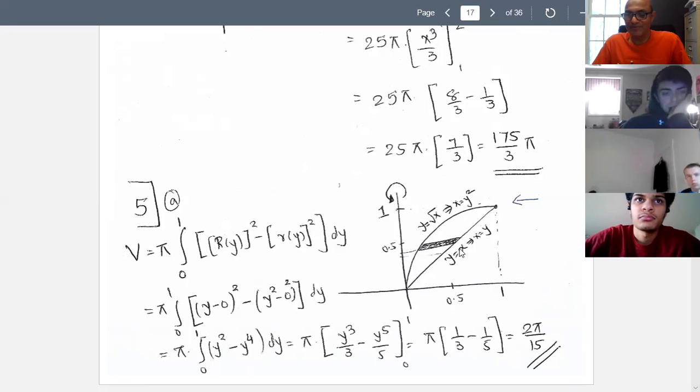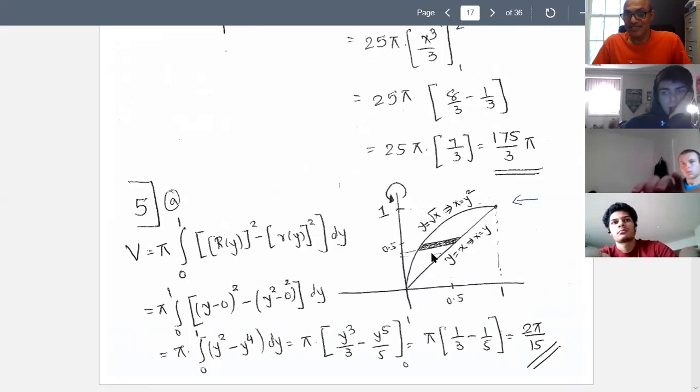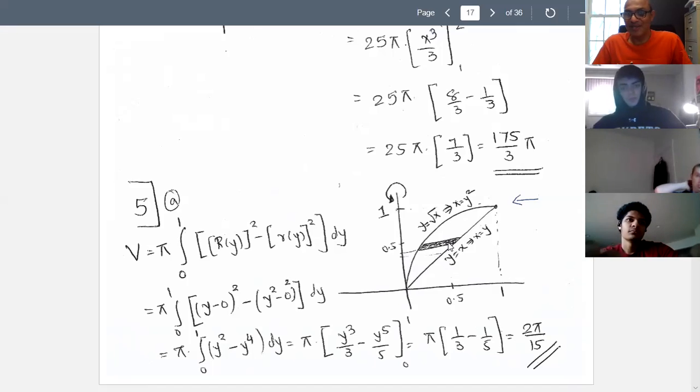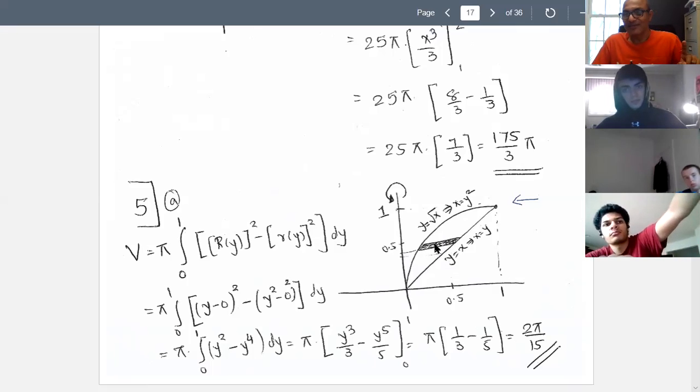All of you? Yes, sir. Good. So I don't have any other choice except the horizontal strip. Horizontal strip means we are integrating our function with respect to y. We cannot change the theme. Please keep in mind this thing.